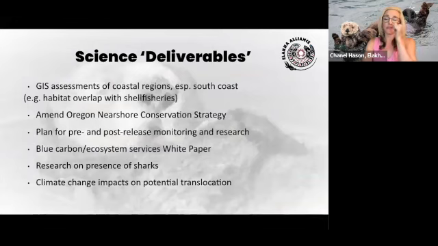So we have some science deliverables that we're currently working on right now. We have a wonderful group who is making some GIS maps for us, going to be the Elakha Atlas on our website, hopefully in a couple months.